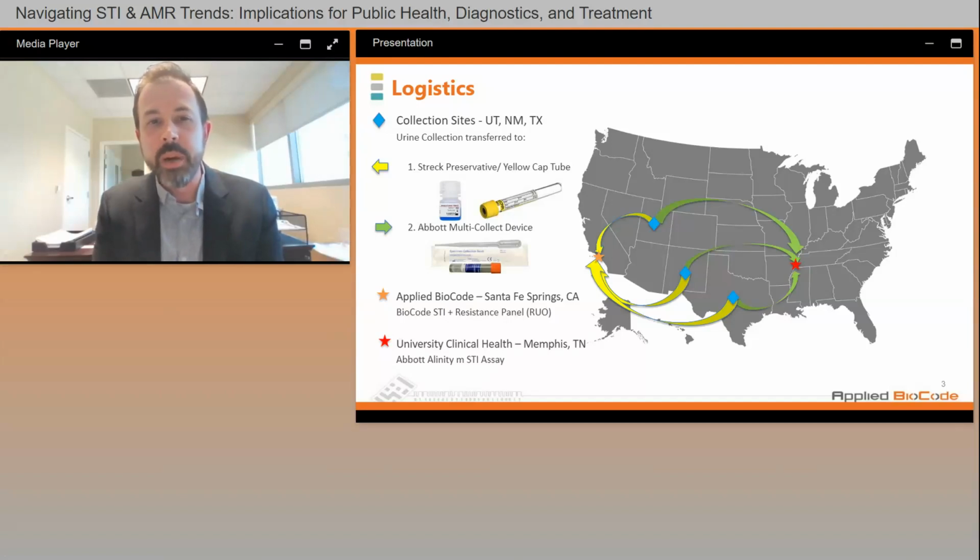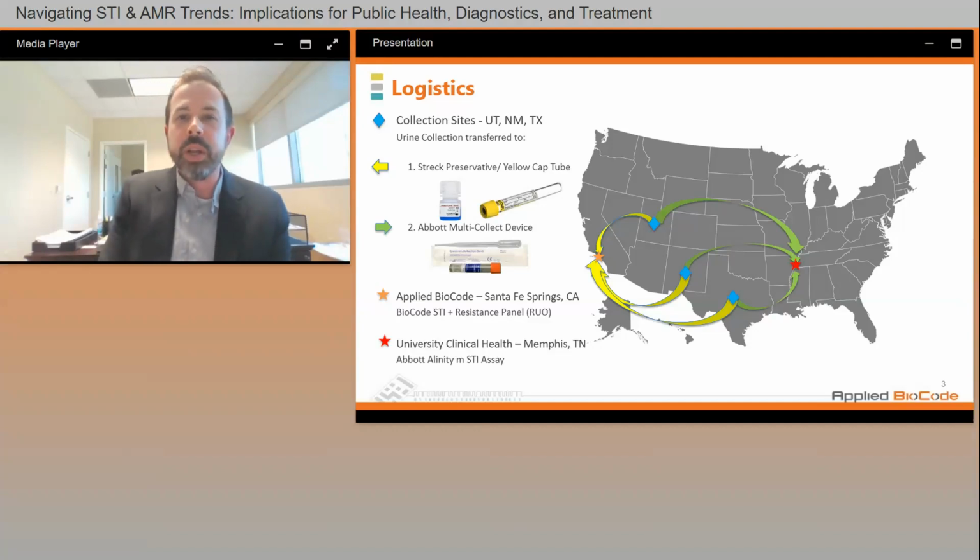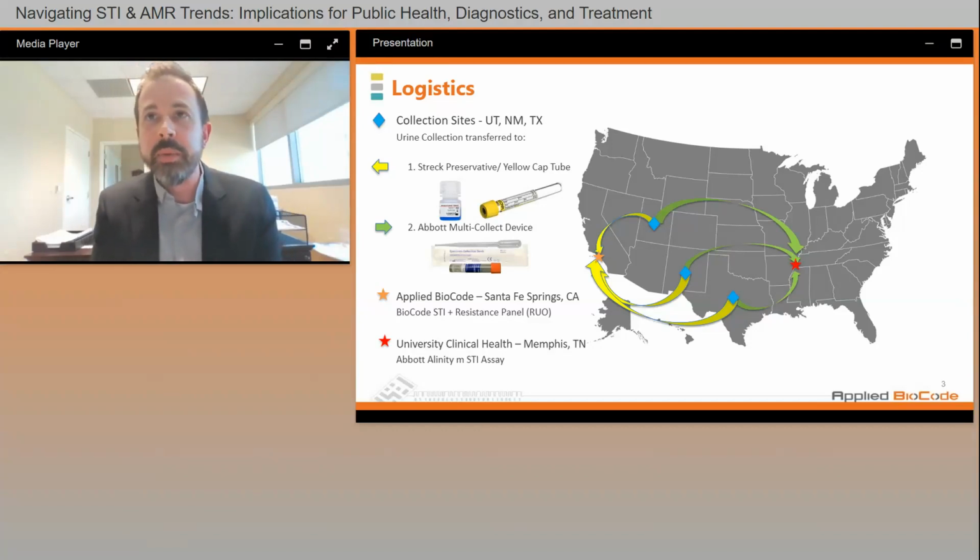In this first phase, participants must be male at birth, 18 years or older, willing to self-collect urine, and either asymptomatic or symptomatic for one of the 4 targets, with symptoms such as urethritis or abnormal discharge. Potential participants who urinated less than an hour beforehand were excluded, just to ensure reliability of sample quality.